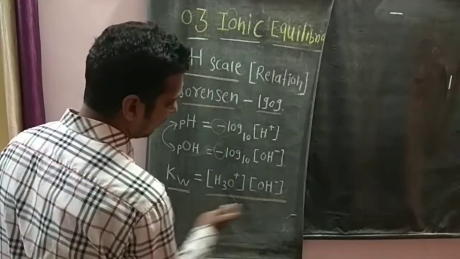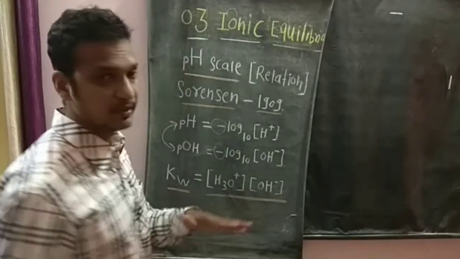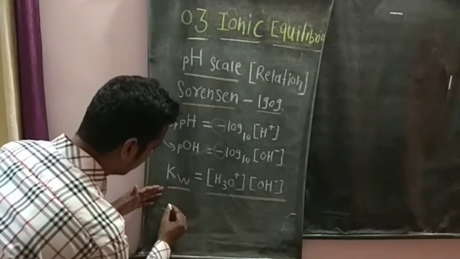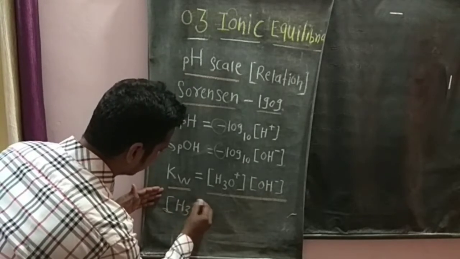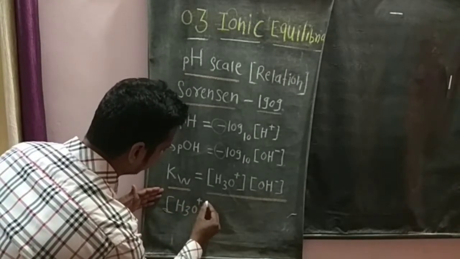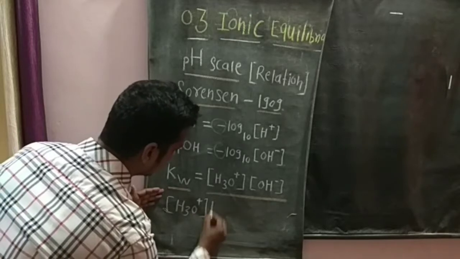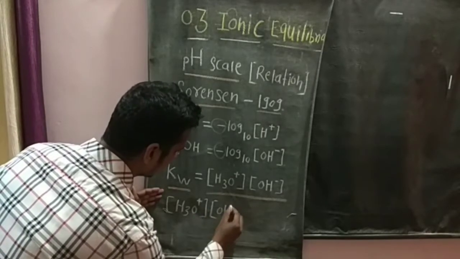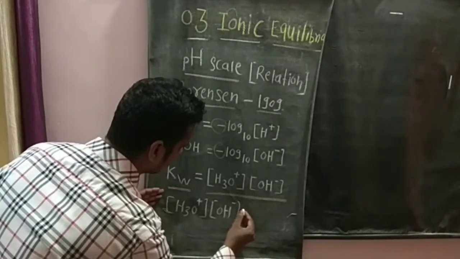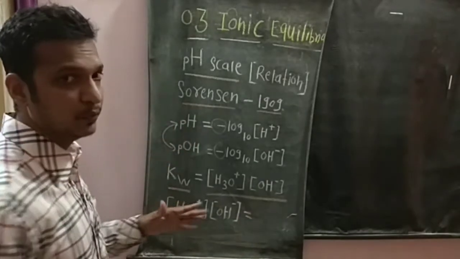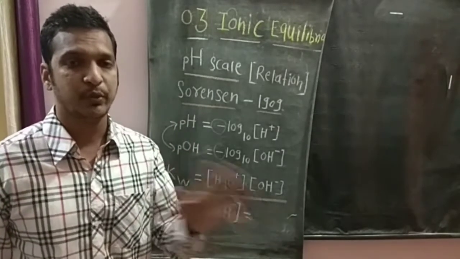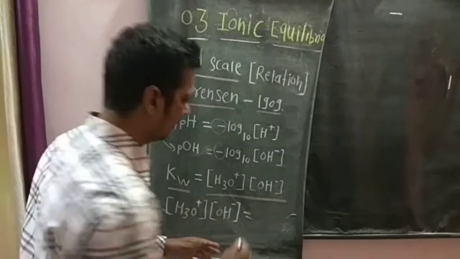The right-hand part remains the same: concentration of H3O plus into concentration of OH minus is equal to Kw.